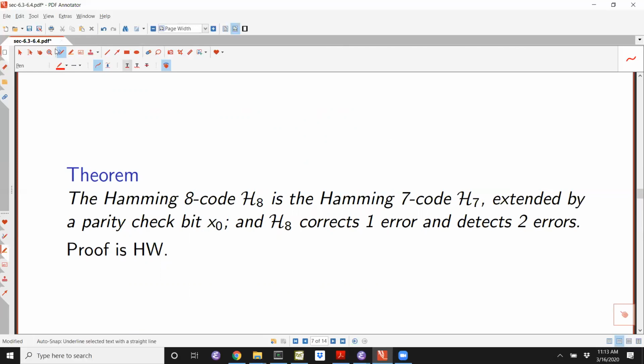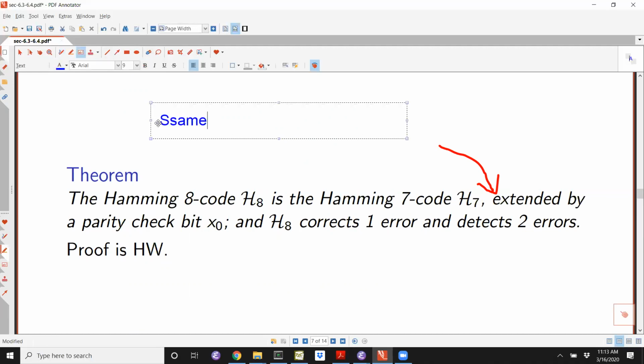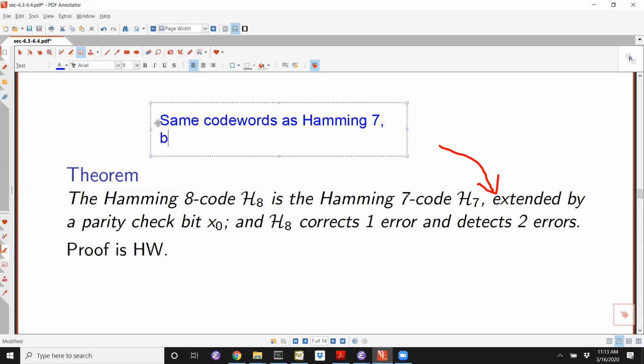What do I mean by extended by? That means that we actually have exactly the same code words as Hamming 7, but x0 is an extra parity bit added to each one.